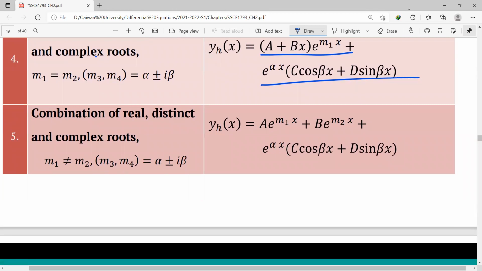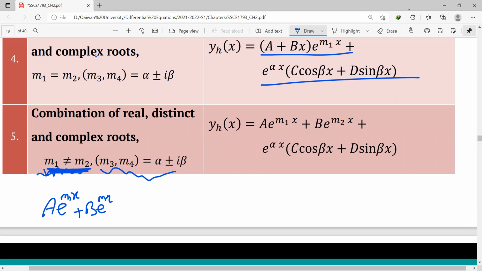And the last case, if we have two non-equal roots and two complex roots. For the non-equal ones, we say a e to the power m1x plus b e to the power m2x. In this case, I'm not going to multiply the second one by x. Why? Because these are different.